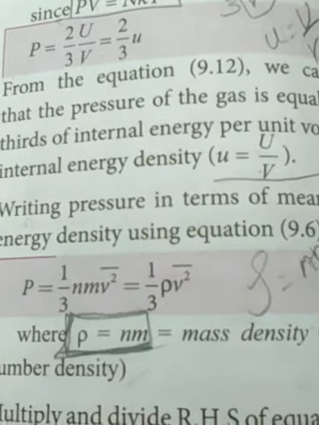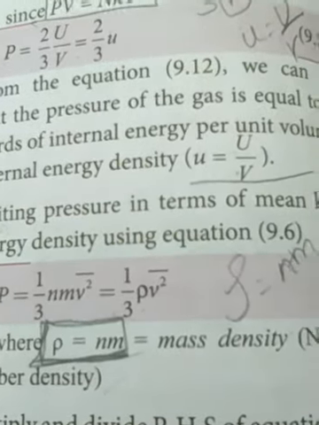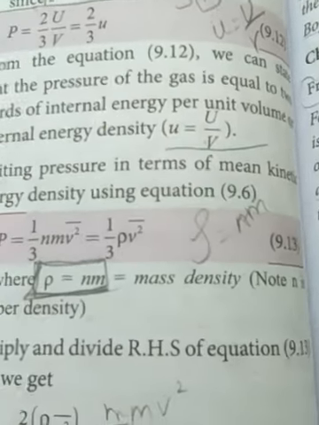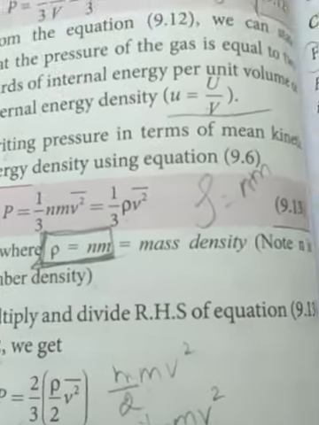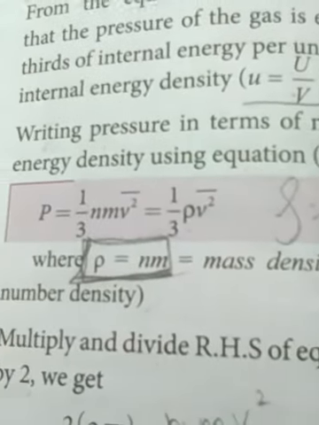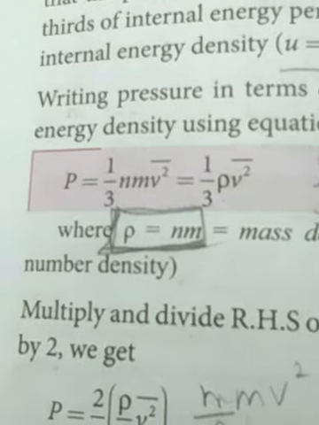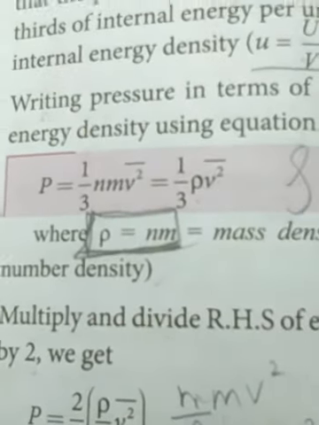Now you see that Nm we take as rho. So rho is the mass density. So replace Nm with rho, and we get 1 by 3 rho v squared.